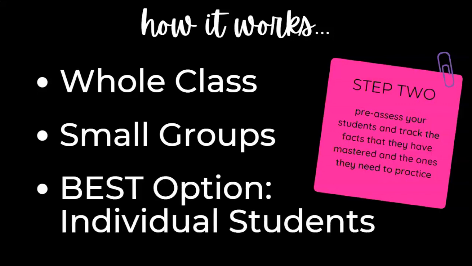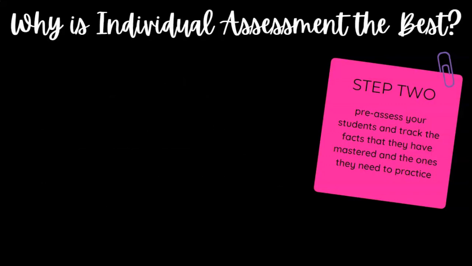The best and most accurate, but also most time consuming option is to individually assess your students by calling out each fact expression for them to verbally recall back to you. While assessing students individually is very time consuming, it is so worth it. This is how I did it in my classroom.